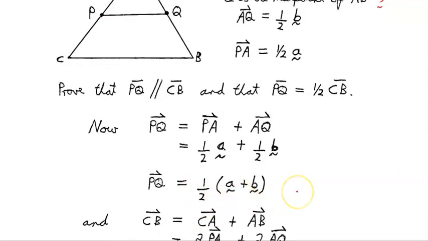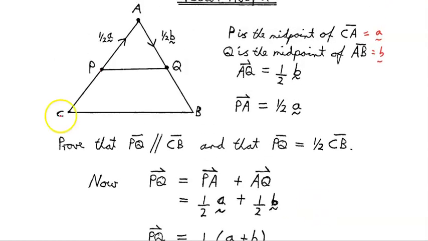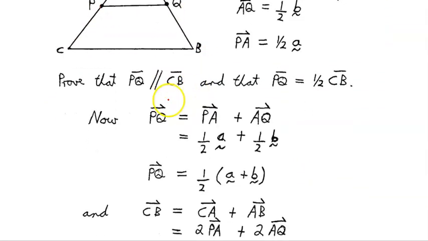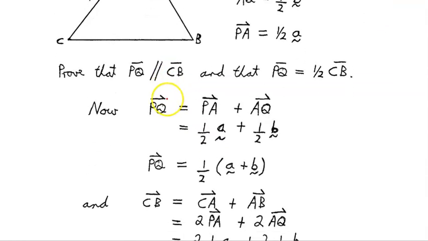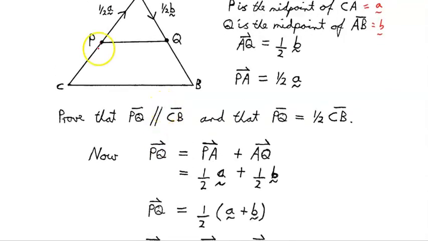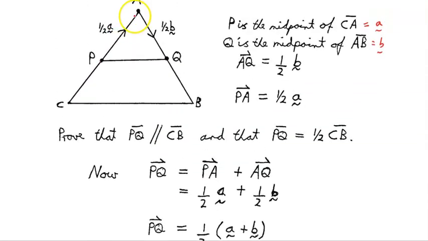Now, CB is going to be, from the beginning here, C to B, that vector there will be CA plus AB, added together will give us the vector C to B. But we know that that's the same as 2 times P to A plus 2 times A to Q, because remember that length there is the same as that length there, so A to Q is the same as Q to B because Q is the midpoint.